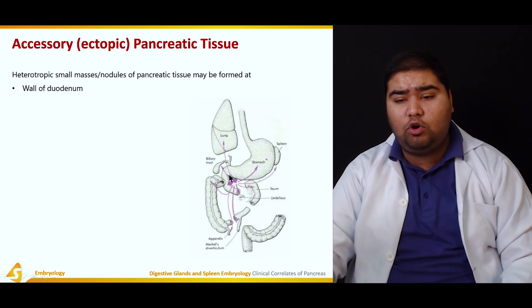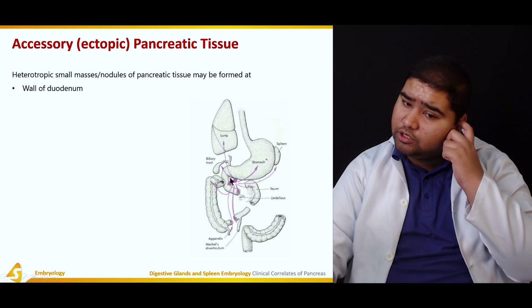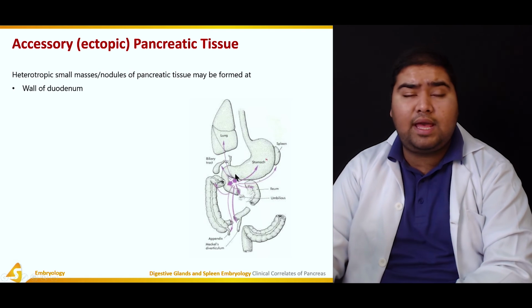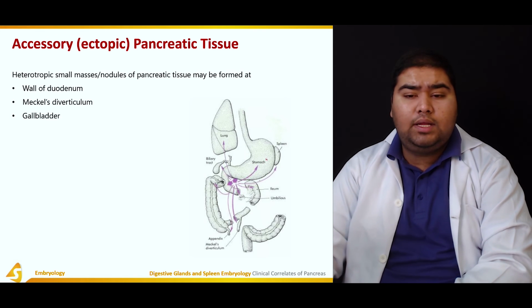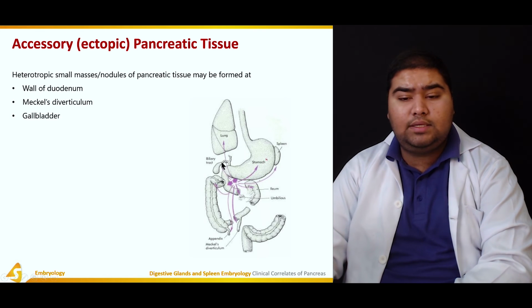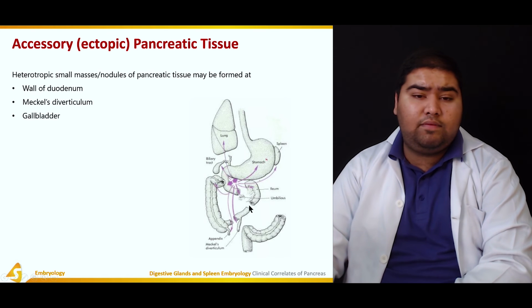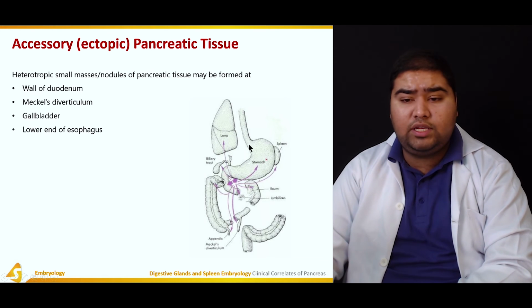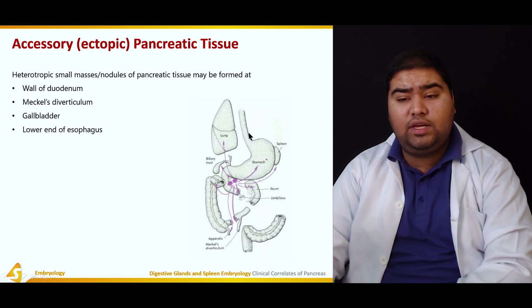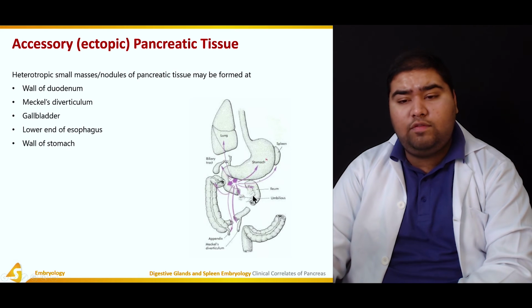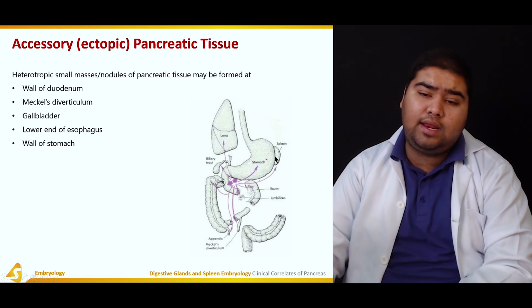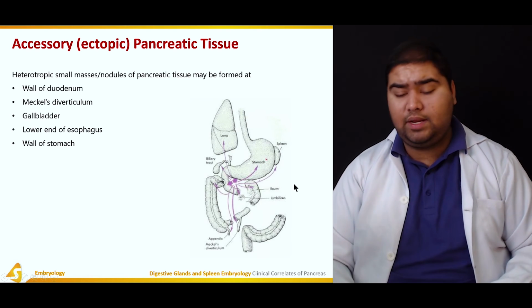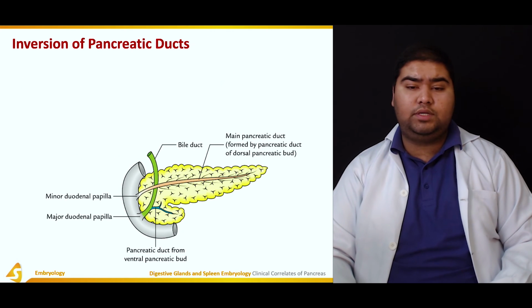They can be formed in the wall of the duodenum, in a Meckel's diverticulum, in the gallbladder, at the lower end of the esophagus, in the wall of the stomach, and the spleen is also an area where this accessory pancreatic tissue can be formed.